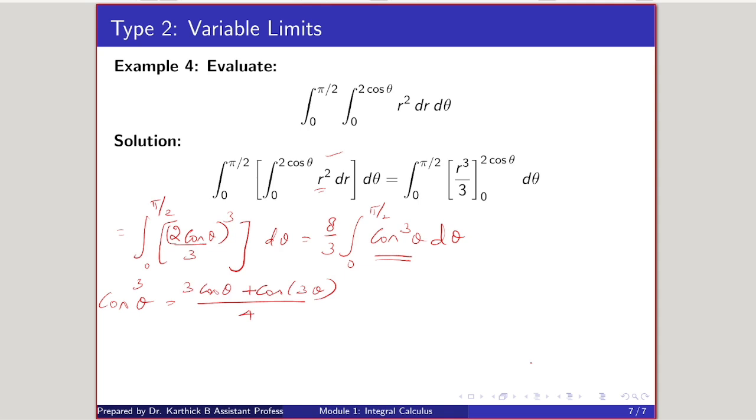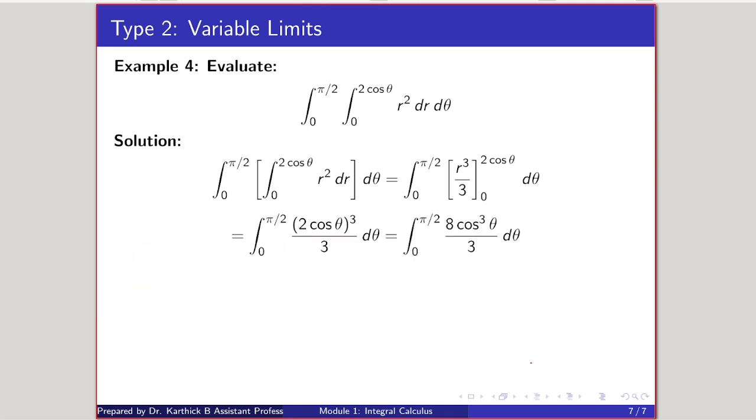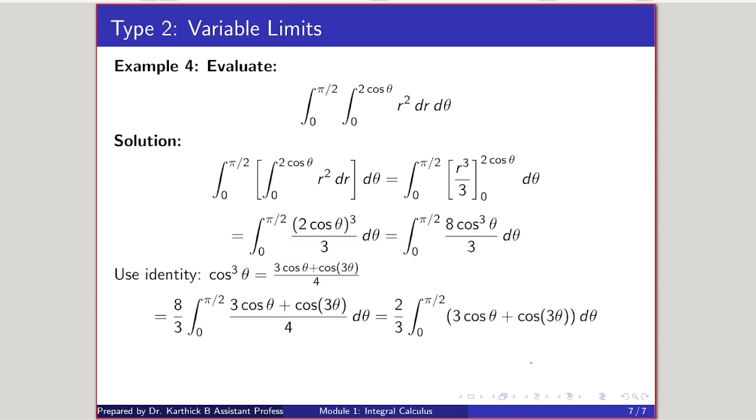For simplification purposes, just see, we get 8 by 3 cos cube theta d theta. We may use this formula directly here, and we may cancel 8 and 4. It gets 2 by 3, and we have the term 3 cos theta plus cos 3 theta.